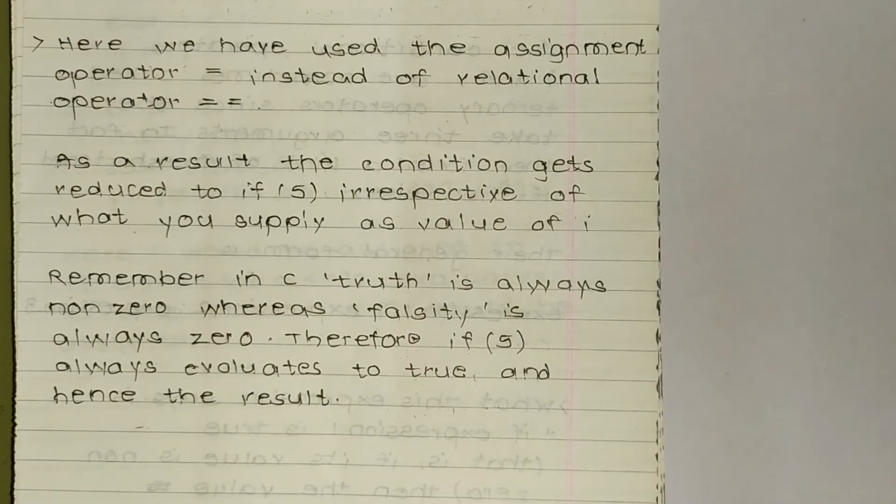Now we will discuss what is wrong with this program. Here we have used the assignment operator is equal to instead of the relational operator is equal to. That means we have used only one equal to sign, which was wrong with the program. As a result, the condition gets reduced to if 5, irrespective of what value of I you supply.